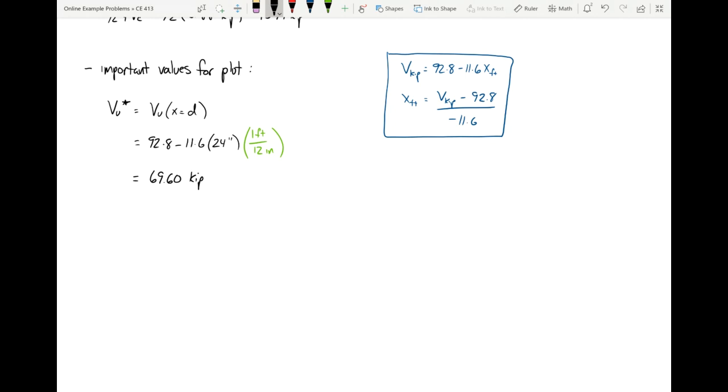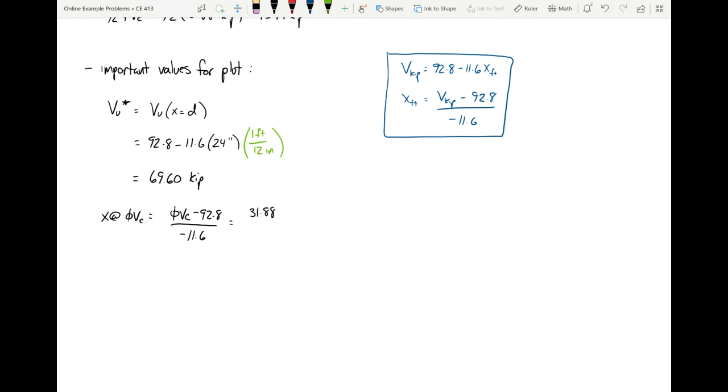Second value is the x at phi Vc. Now I use the second equation, so I just say phi Vc, which was 31.88, minus 92.8 over negative 11.6.